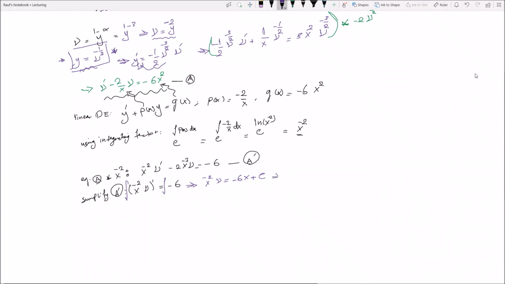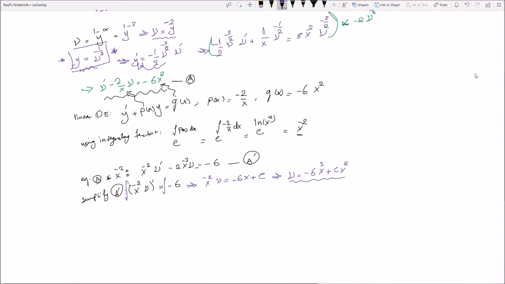And we can say that nu in this case would equal minus 6 x to the power of 3 plus c x squared, and that is the value of nu.